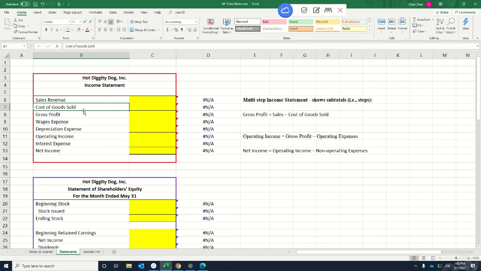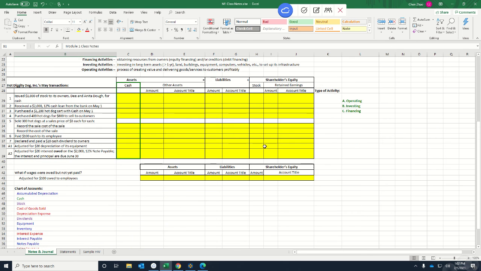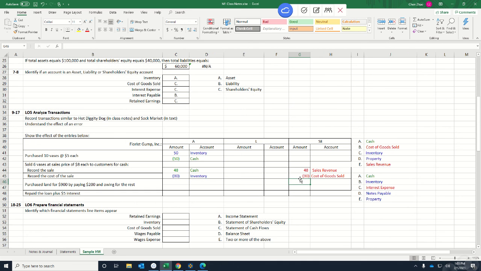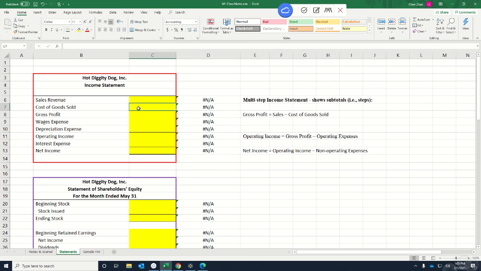And if cost of goods sold increases, which is the same in this case, cost of goods sold increased by $30, but it will cause a decrease of $30 for shareholders' equity. Does it make sense? That is because there's a minus sign in front of cost of goods sold. If cost of goods sold increased by $30, what happened to your net income?